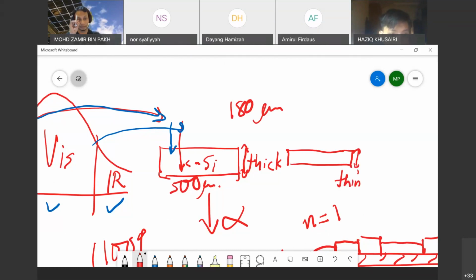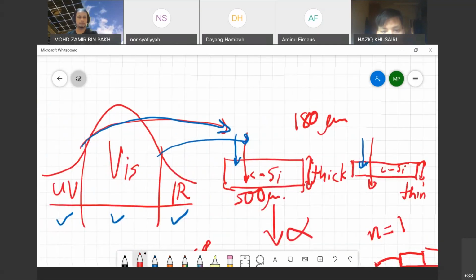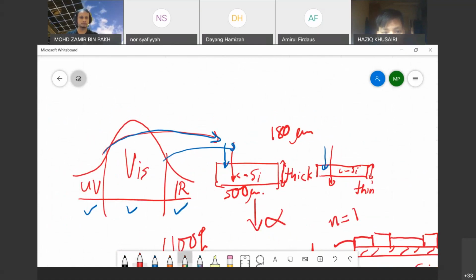So if you relate this back to the fundamental that we've learned just now, so blue photons will absorb, red photons may just leak through the back and not absorb because the thickness of the crystalline silicon is not enough to begin with, right? So in this case, we'll probably be able to absorb this portion of the spectrum only.